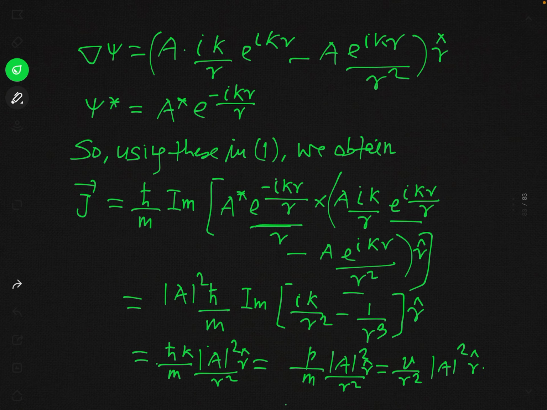Now you can see that v is the velocity of the particle, and so physically this result represents a radial stream of particles whose intensity falls inversely with the square of the distance. So this is the remarkable fact which we can see from this result.